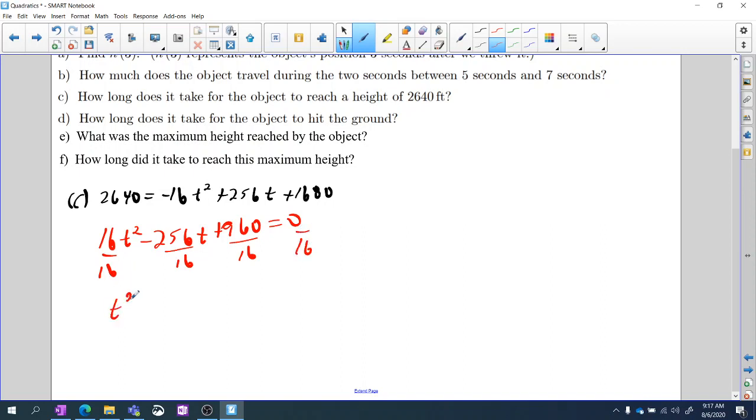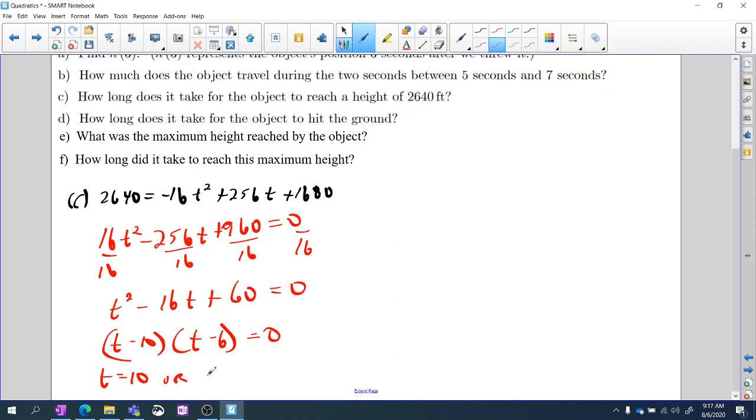That will give me t squared, subtract 16t plus 60 equals 0. Now we've got a nice simple trinomial that actually factors. Multiply to get positive 60, add to give negative 16: negative 10, negative 6. So (t subtract 10)(t subtract 6) is equal to 0. So t equals 10, or t equals 6.